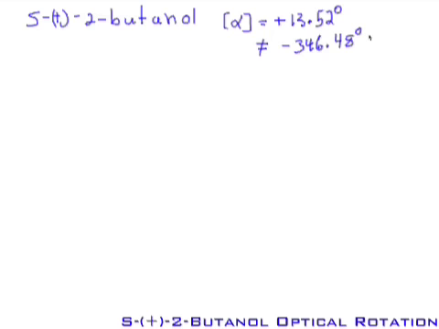Now, the reason you're asked this question is if I draw a very large circle here, and I measure from this position, a rotation, I'm going to exaggerate. Let's assume this position is 13.52 degrees.